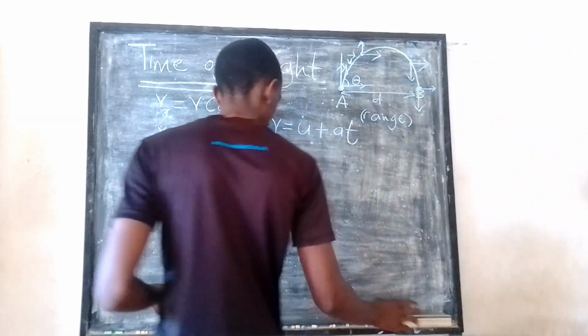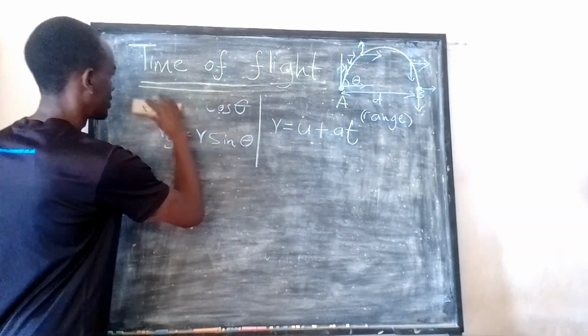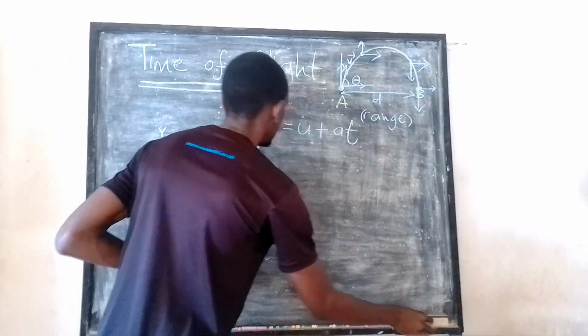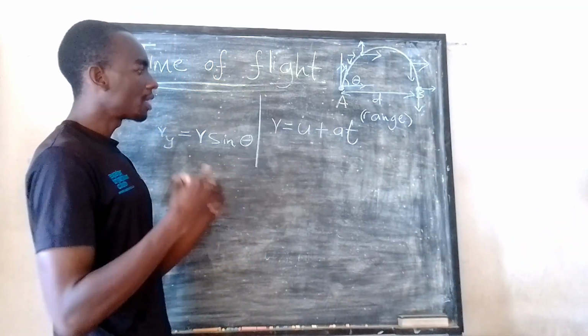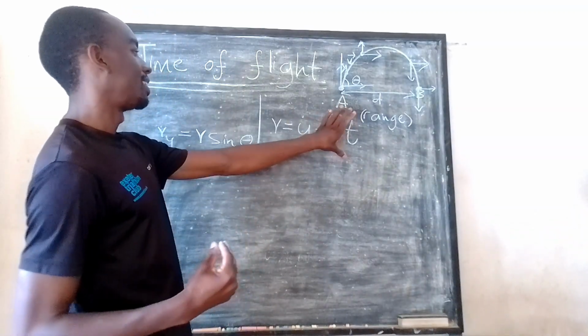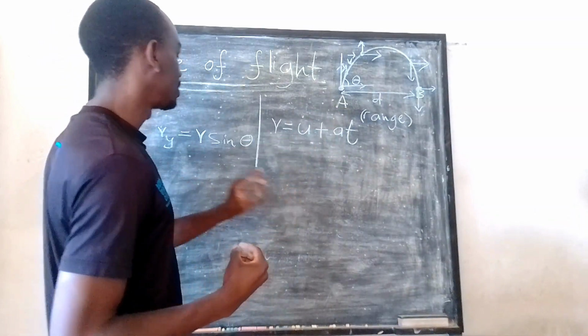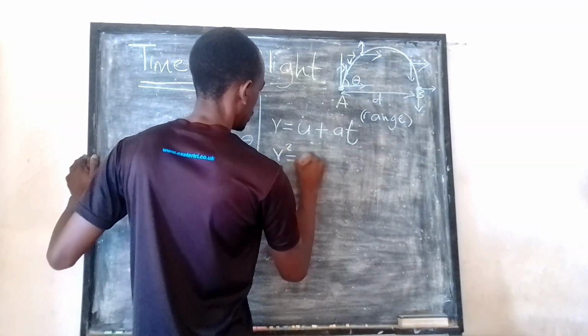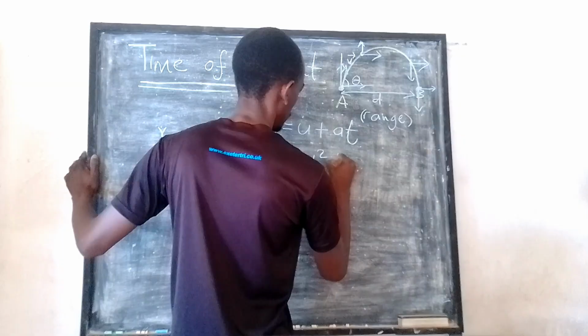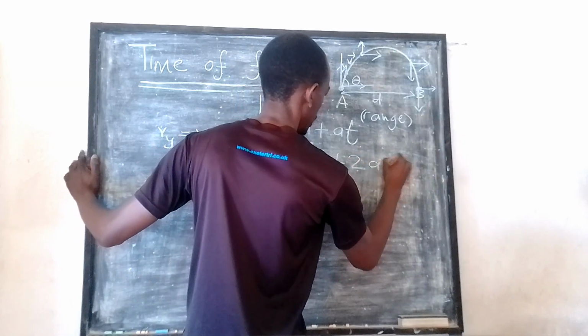Now, things have changed. Let me rub this. We now have to deal with acceleration. Why? Because we're dealing with the vertical aspect of the motion. Which other equation do we have which has the variable of acceleration inside? We've got the equation v squared is equal to u squared plus 2as.